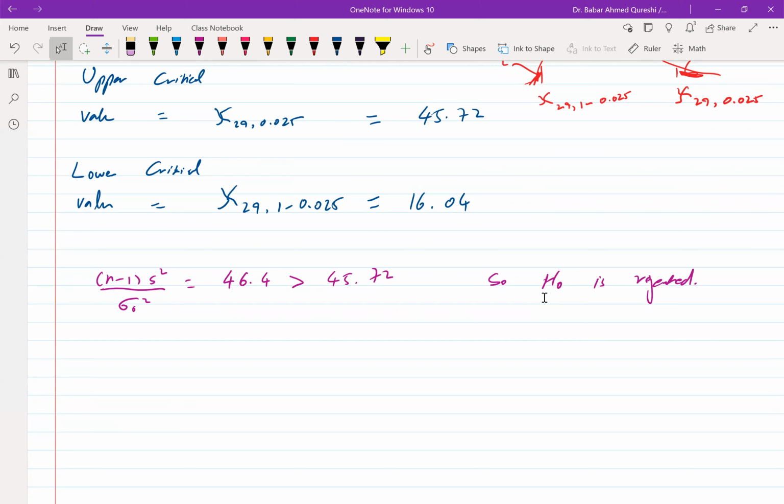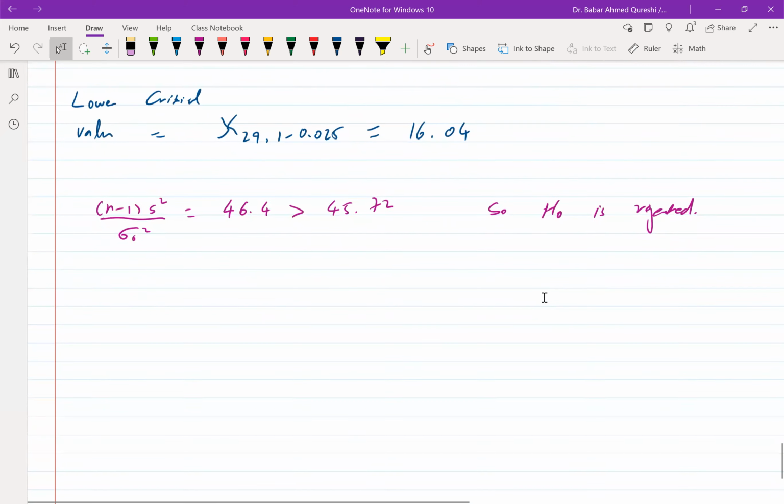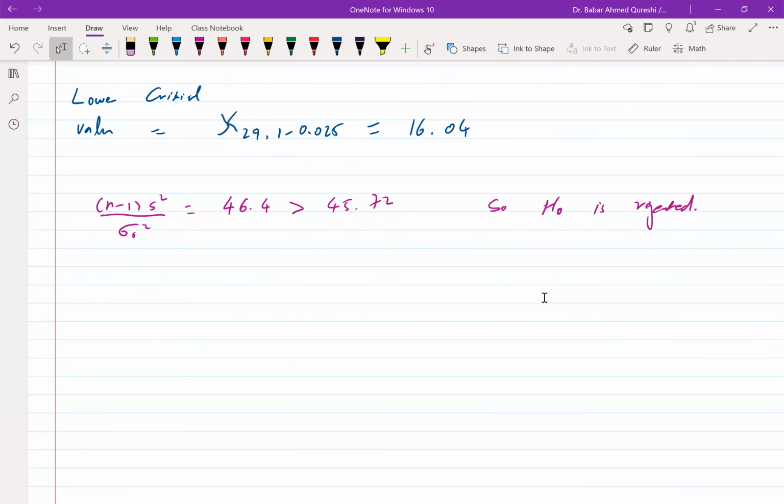Now we can do another example. Let's do problem 9.52 from the book.